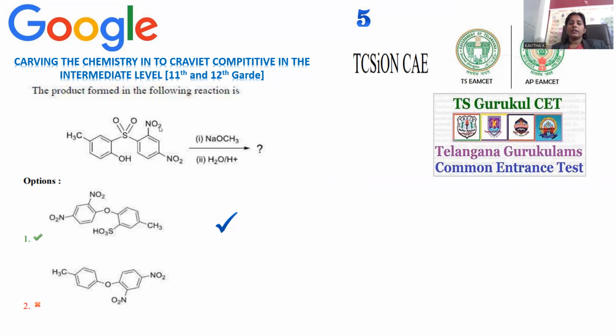So here you can clearly find NO2, NO2, CH3OH, and the sulfone is there. Sodium methoxide is a strong base over here. What it will do, we will see. Okay, so here NO2, NO2 is there, CH3 is there. Ether linkage will definitely be produced, that's perfect. But here one of the functional groups is missing, so you can cancel out this one.